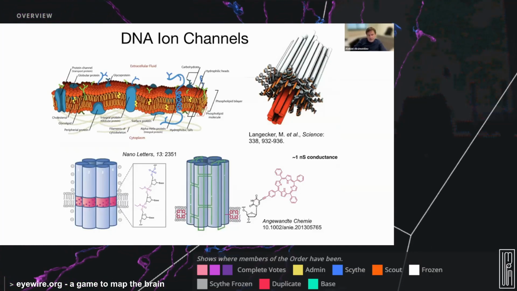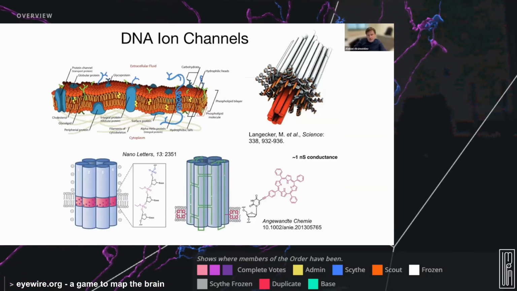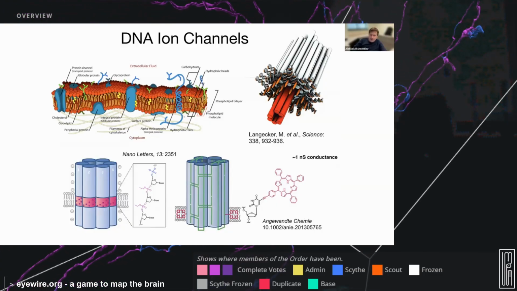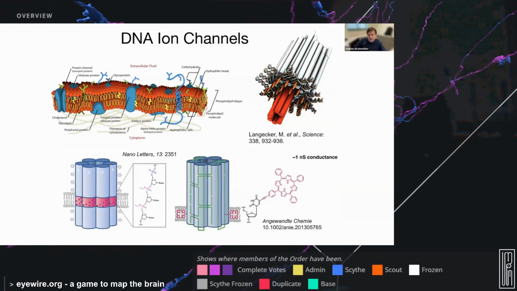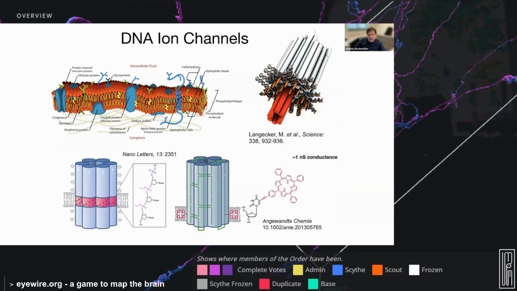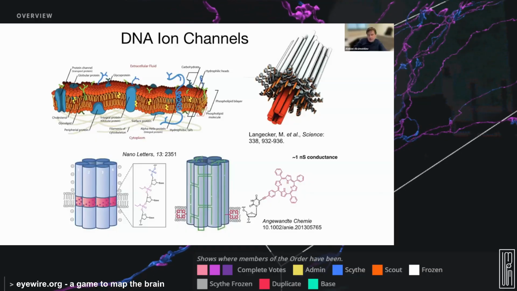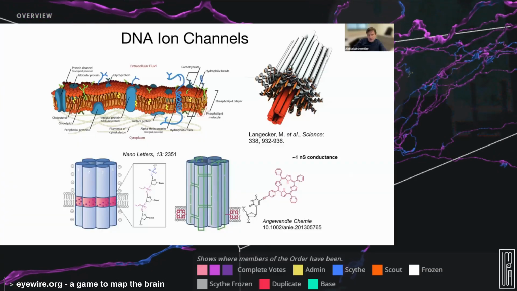So you have channels, transporters, antiporters, and so on. Now, DNA generally is thought to be a molecule that avoids being inserted into the lipid membranes because it is hydrophilic and the interior of the lipid membrane is hydrophobic.